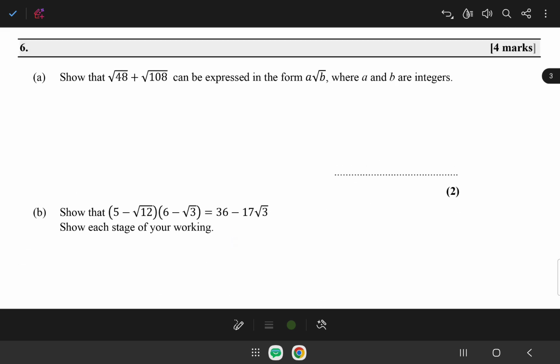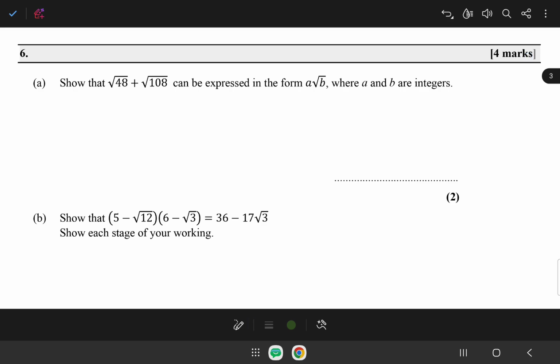Whoa. Okay, let's do this one. This will be our last question because the video is getting long. Show that root 48 plus root 108 can be expressed in the form a root b, where a and b are integers. Integers, once again, are whole numbers, negative or positive, or 0.